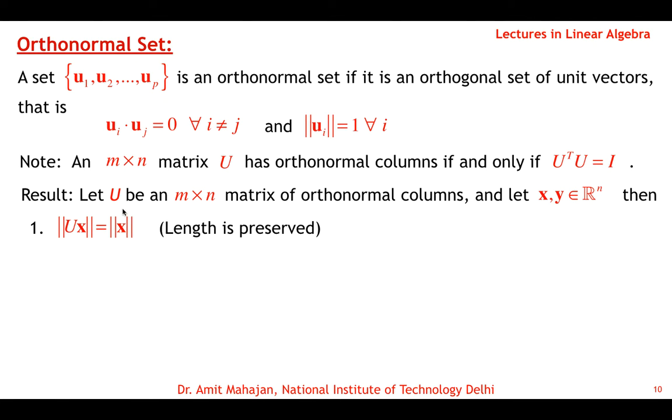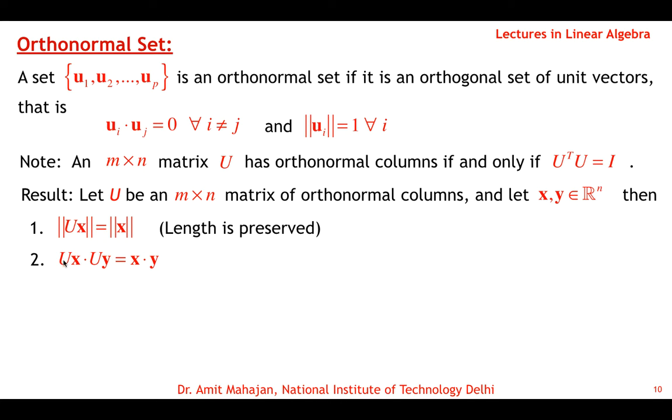That means if I use an orthonormal matrix as the matrix of transformation, then the length is preserved. The transformed vector also has the same length as the original vector.